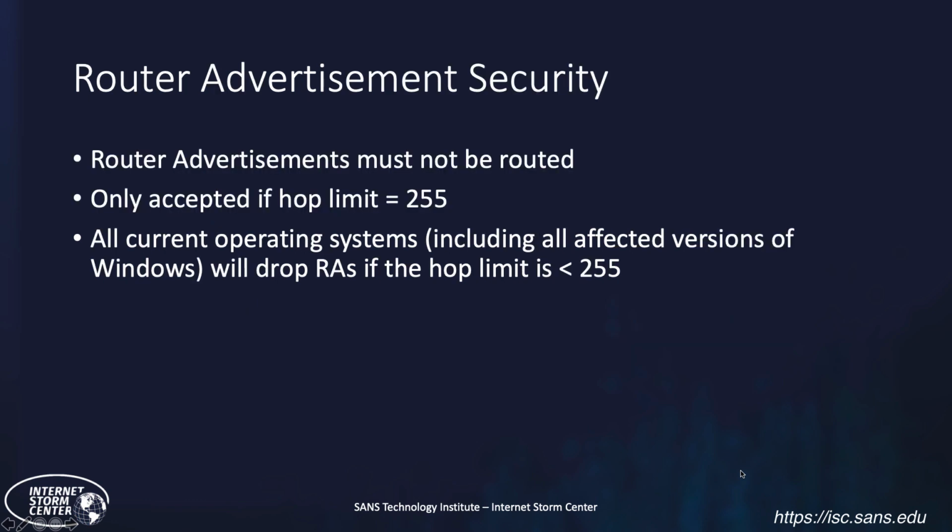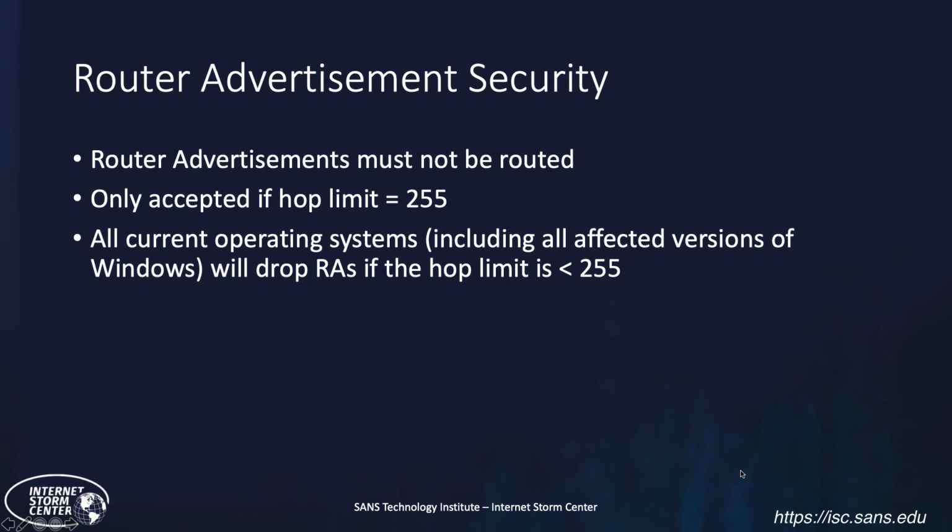Now, there's a little bit of security in these router advertisements, and that's why this vulnerability is not routable. Router advertisements, to be processed, have to have a hop limit of 255.